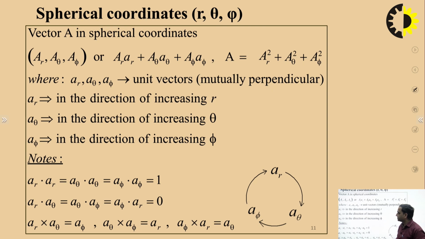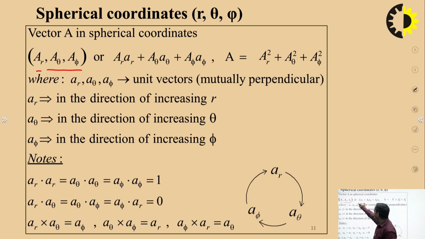So as I mentioned, two things we have to take care of. First one is the variables and the second one is the components. So the variables we have discussed. Now the components, right? The components are represented as A_r, A_theta and A_phi corresponding to the directions r, theta, phi.